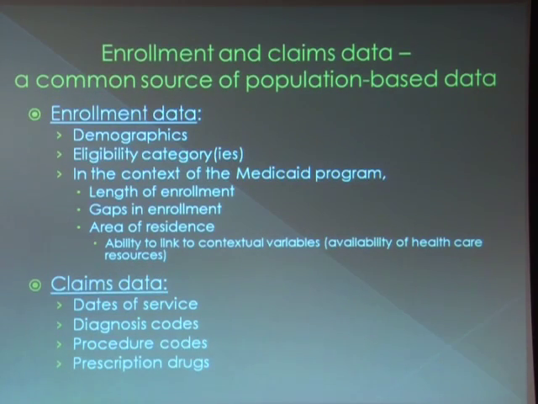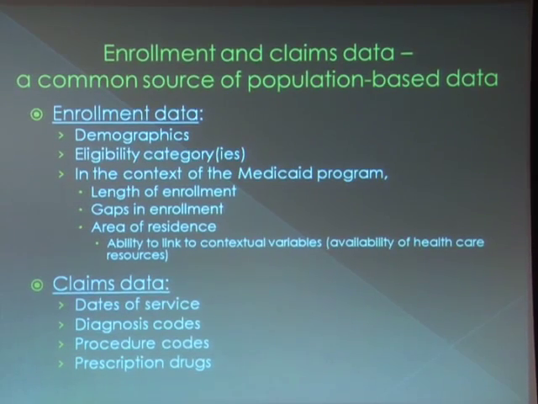So enrollment and claims data, what do they include? For the enrollment data, you're going to have demographic variables, you're going to have different eligibility categories so that you can tell in Medicaid, for example, who was enrolled in Medicaid as a result of just being poor versus those who were disabled, for example.